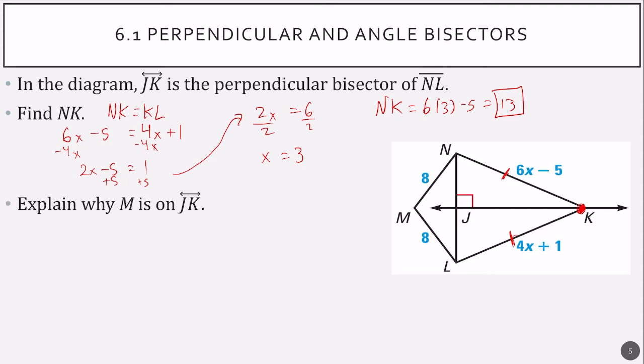All right, why is point M on JK? Well, notice point M is the same distance from N and L. So if a point is the same distance from each end of a segment, then it is on the perpendicular bisector.